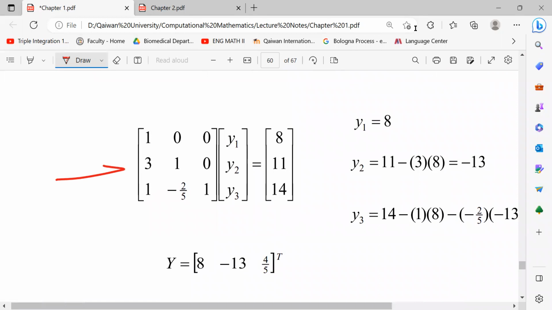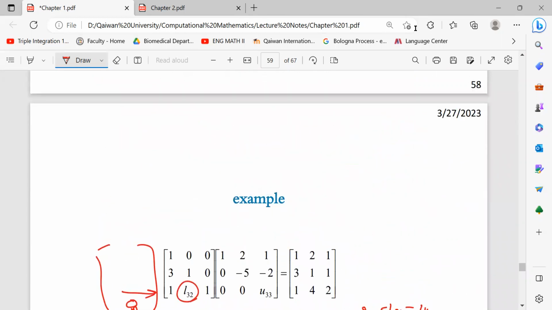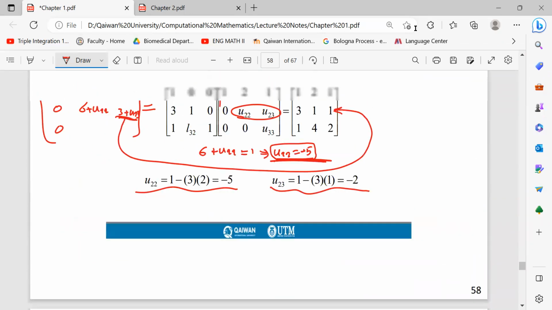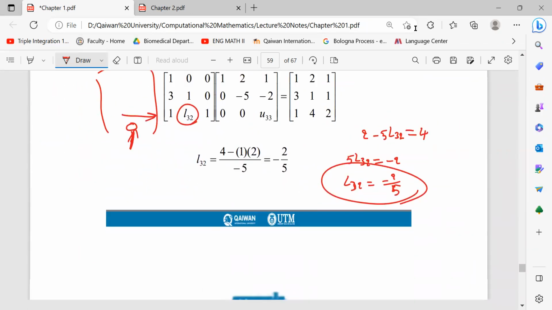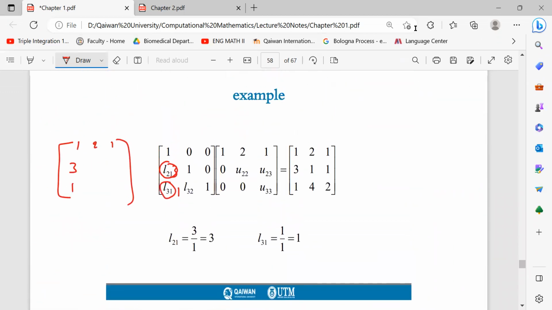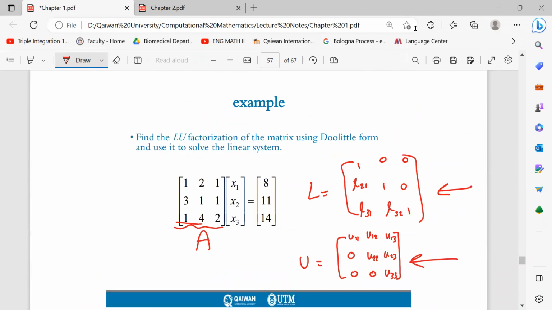Look, this is L, sorry, this is U. L times Y equals B. B is given at the beginning. B is the matrix of constant terms.